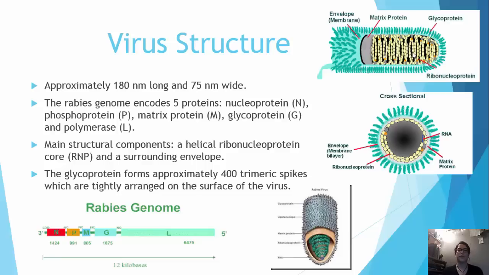The glycoprotein forms about 400 trimeric spikes, which are arranged tightly on the surface of the virus. There are pictures over here of the bullet-shaped virus where you see the envelope and the core. In the cross-section, you can really see the spikes on the surface of it, and then on the left is a picture of the rabies genome where there are those 5 proteins.